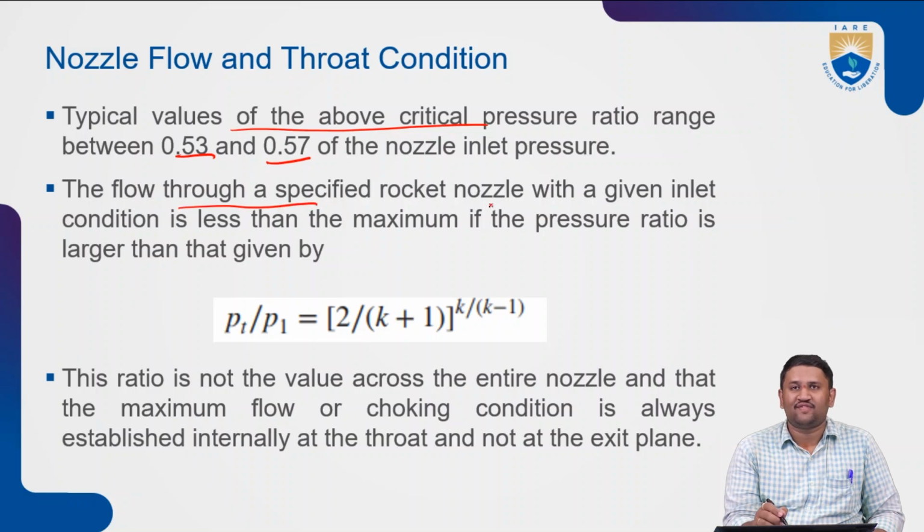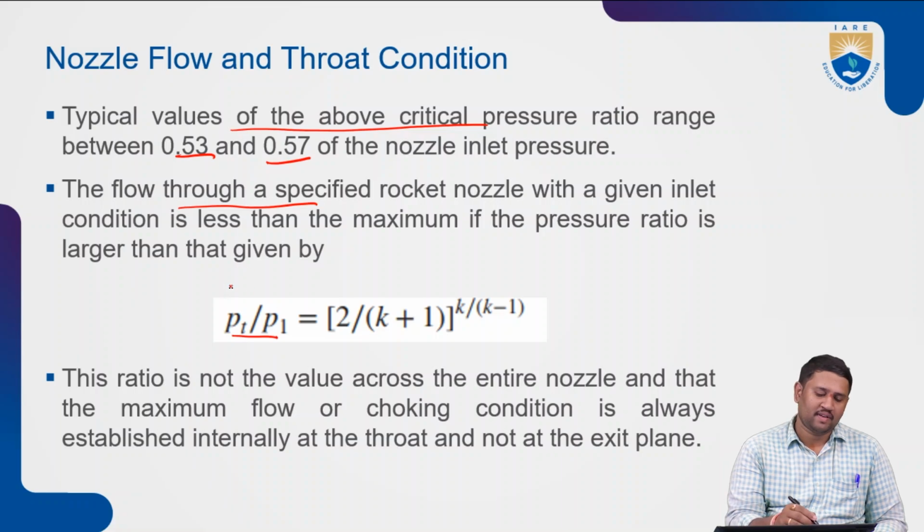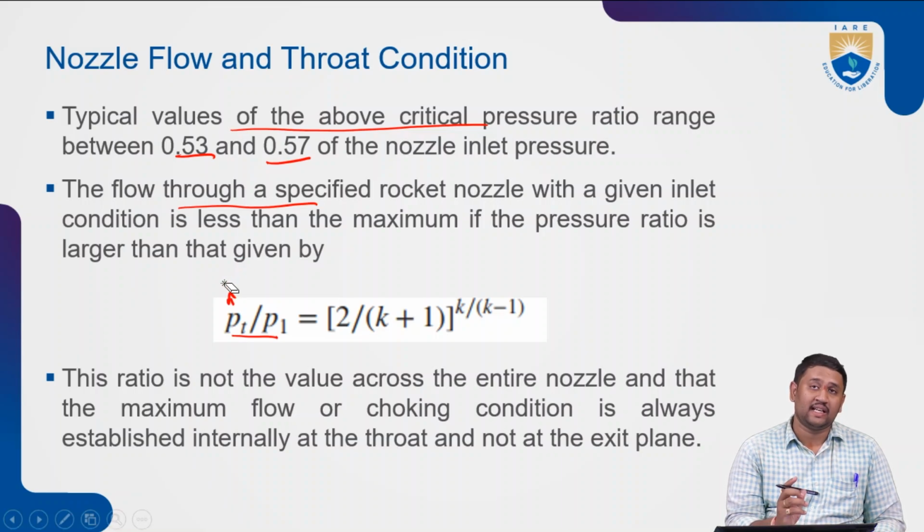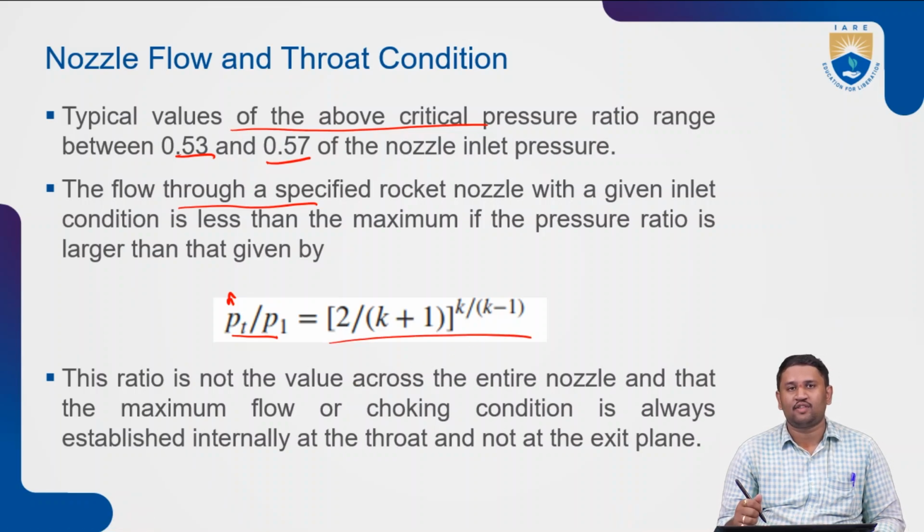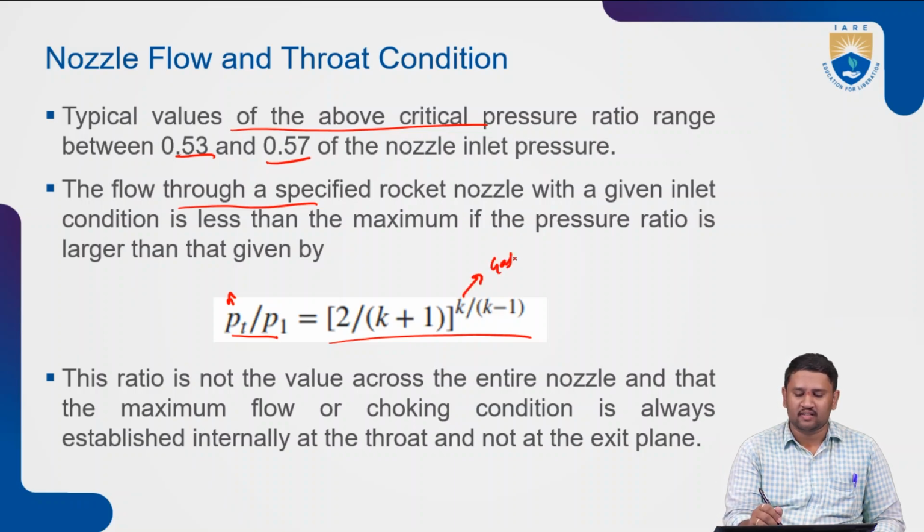The flow through a specified rocket nozzle with a given inlet condition is less than maximum if the pressure ratio is larger. It is given by Pt by P1, where Pt is the pressure at the throat and P1 is the pressure at the inlet, equal to (2 by K plus 1) to the power of K by K minus 1, where K denotes the ratio of specific heats.